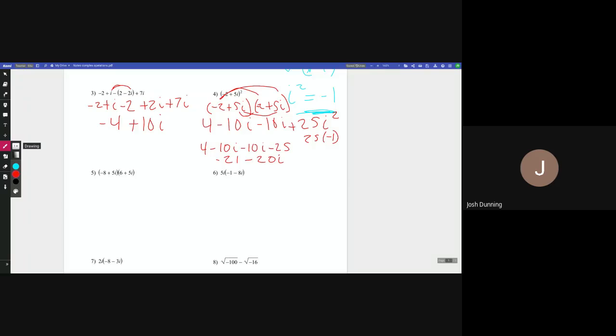Same idea on the next one. Negative 48 minus 40i plus 30i plus 25i squared. Just coincidence that that's 25 again. That i squared is negative 1. Like we just said, that's negative 1. So that'll just switch that to negative 25.